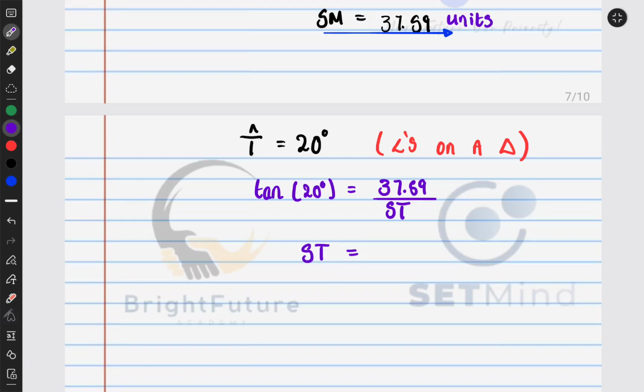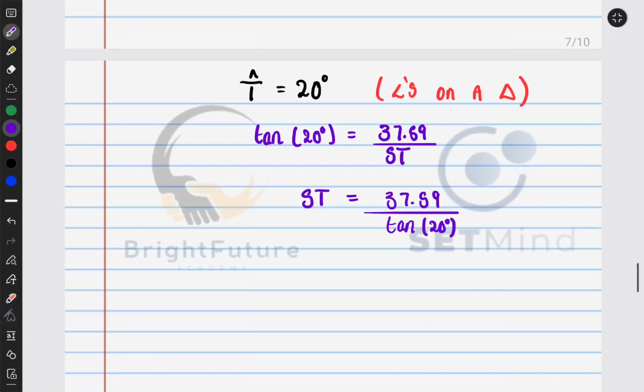ST is going to be equal to 37.59 units divided by tan 20 degrees, and therefore ST is equal to, punch that in a calculator, 103.27 units.